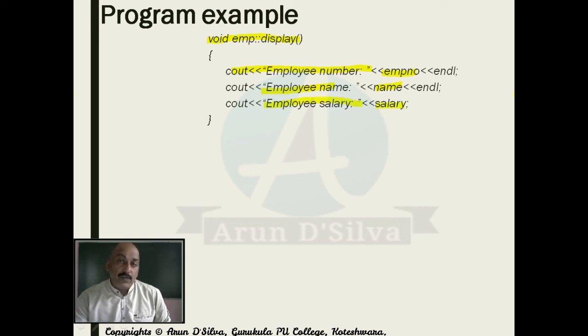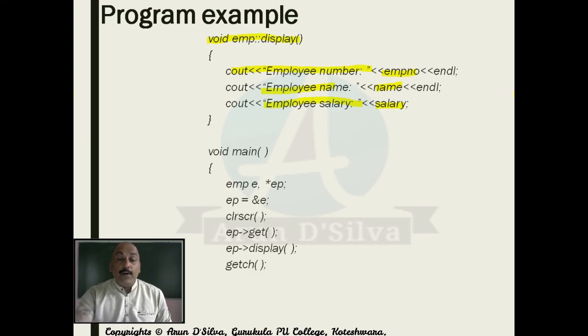Now in the main function, what are we doing? I have created 2 objects of class EMP. One is a normal object E and one more is a pointer type variable, star EP. Now I will do EP equal to ampersand E. This means E's address will be stored in EP. E is an object, and that address will be stored in EP.